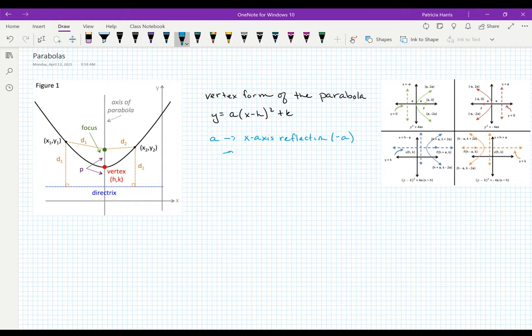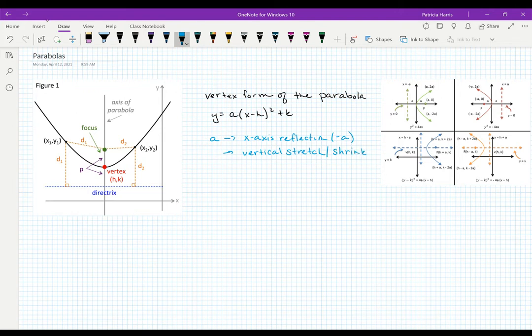It also told us a vertical stretch, or compress or shrink, depending on the word that you prefer.